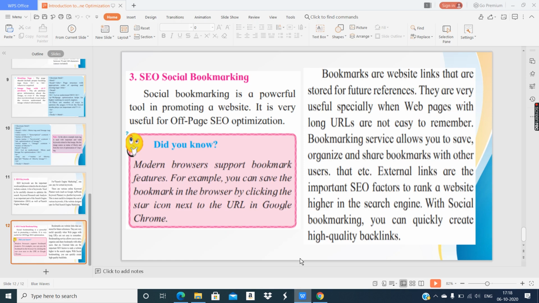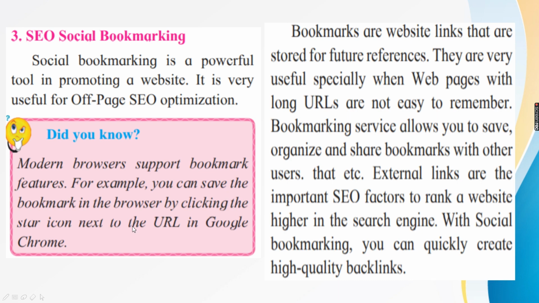Let's come back to the presentation. Modern browsers support the bookmark feature. For example, you can save the bookmark in the browser by clicking the star icon next to the URL in Google Chrome. Similarly, other web browsers may have that star option or some other option.